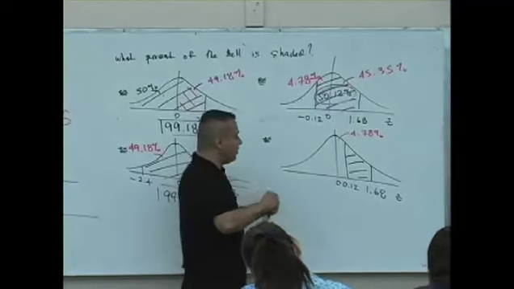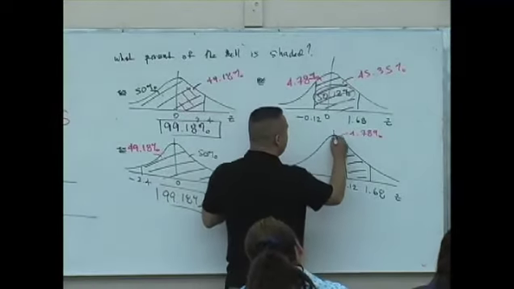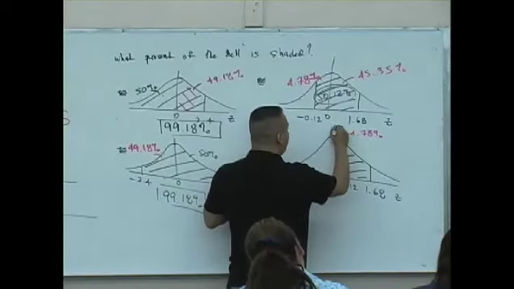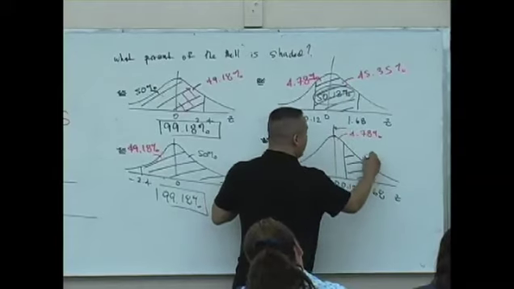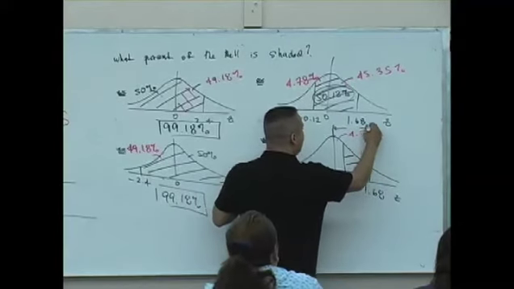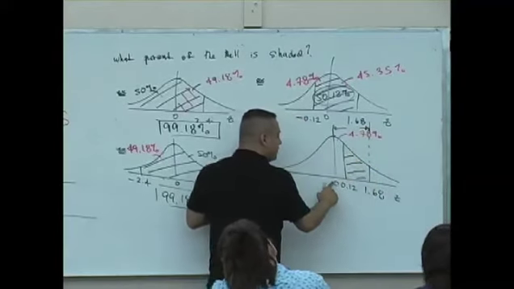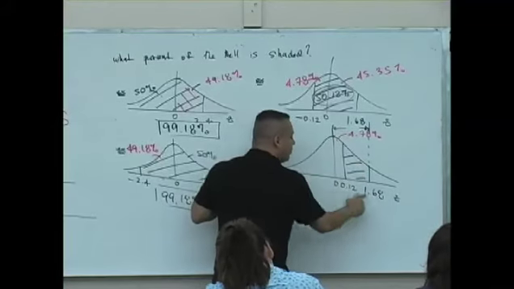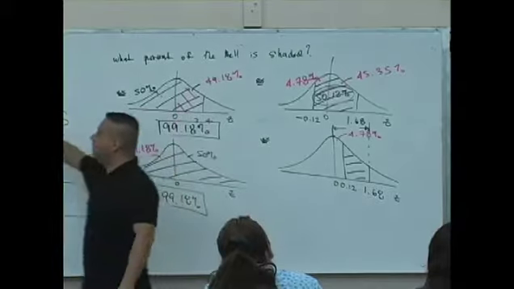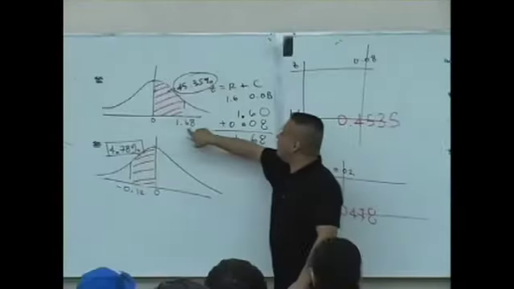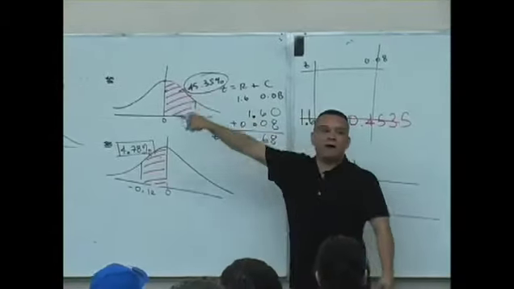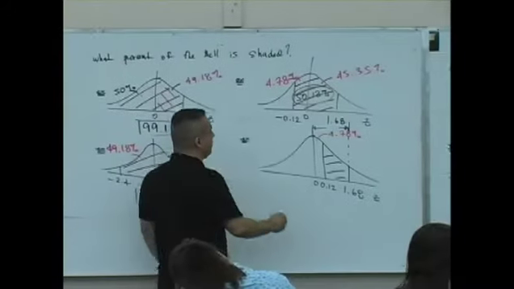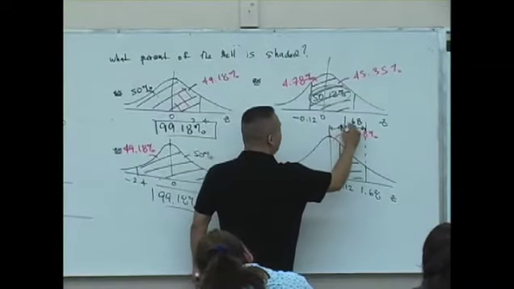Now, how much would be shaded if we went from here to over here? How much is from 0 to 1.68? Didn't we do that here? It's 45.35.